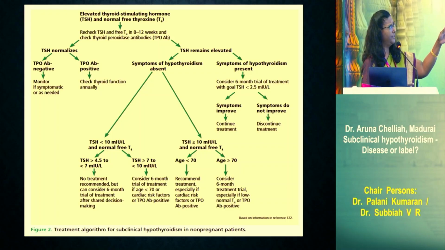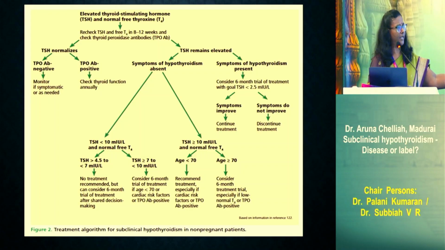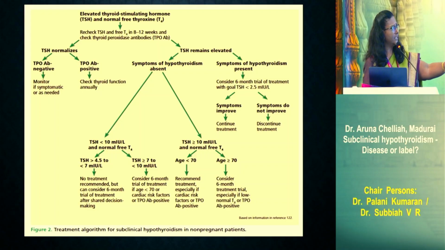If you have TSH less than 10 and normal free T4, and again you divide it by 4.5 to 7, no treatment, consider monitoring every 6 months. If it progresses, then consider treatment, and here's the age factor I mentioned. It's very important: less than 70, or cardiovascular risk factors, or very high TPO antibodies, you may consider treatment.